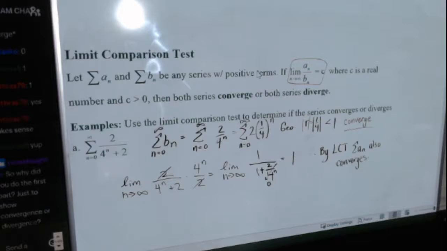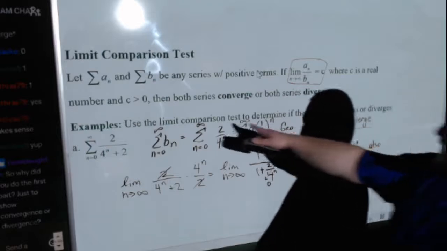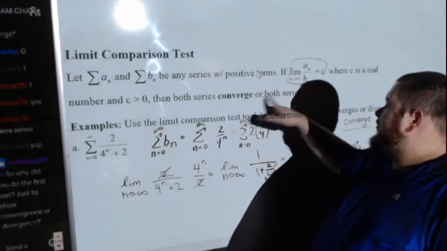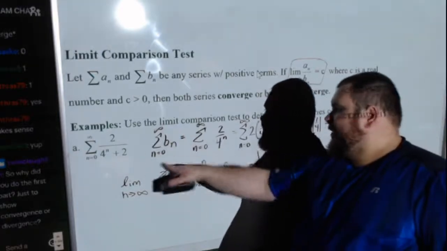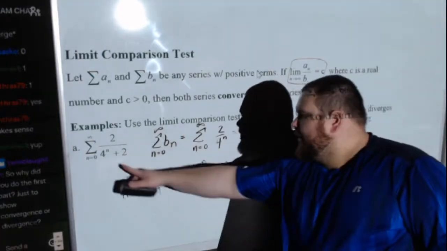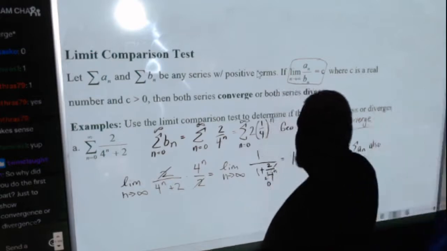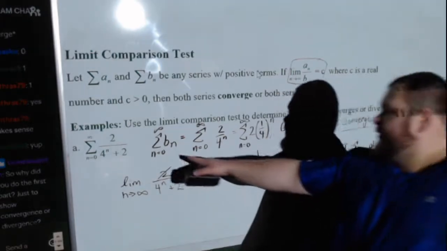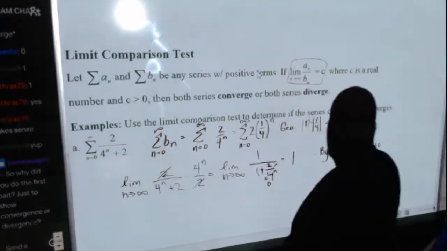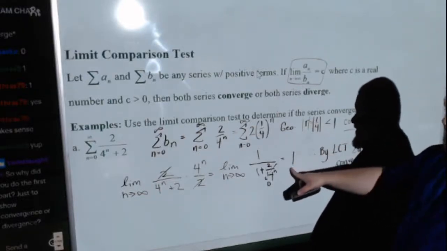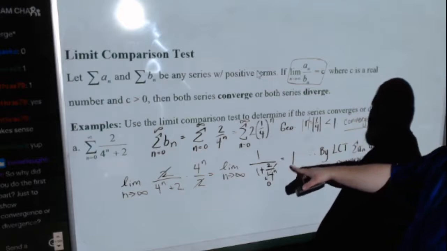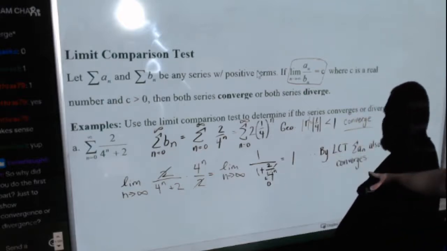Why did you do the first part? So the test says they both have to do the same thing. So whatever I make up, and I'm not making it up, I'm taking it from the dominant terms, whatever I come up with for b sub n, if it converges and I get this greater than 0 and a real number, then the original converges.